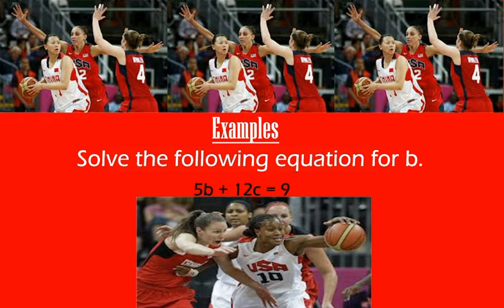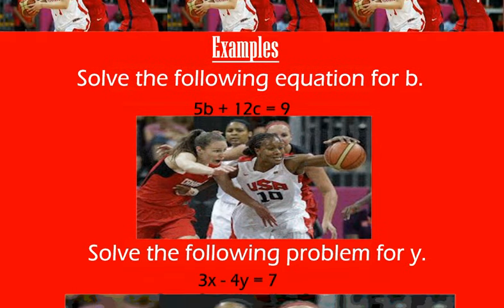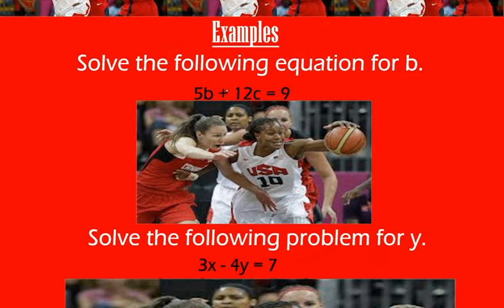So, a couple examples I'd like to go through, and I have the work underneath here, but I actually just want to go through the work next to it. So we have 5b plus 12c equals 9. So now you see where there's more than one variable, and it's not just all numbers other than the one variable. So we want to solve for b. That means we want to get the b all by itself. All right, so first, there's no distributing or any combining of like terms that can happen.